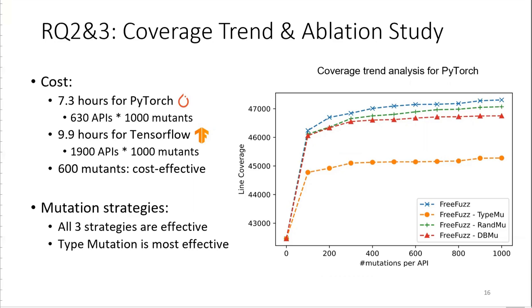Also, turning off the type mutation has the lowest line coverage, demonstrating that type mutation is the most effective one. The potential reason may be because the lower level implementation for different tensor data types tend to be different. For example, integer tensors and float tensors will invoke different code.